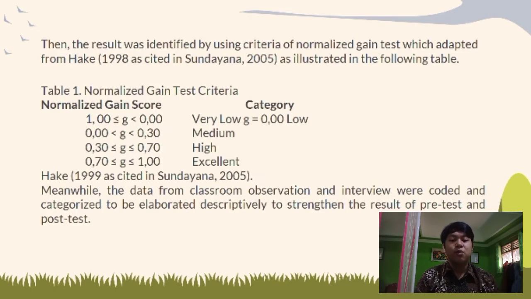Then, the result was identified by using the criteria of the normalized gain test, adapted from Hake in 1998, as cited in Sundayana in 2005, as illustrated in the following table. Meanwhile, the data from classroom observation and interview were coded and categorized to be elaborated descriptively to strengthen the result of the pre-test and post-test.